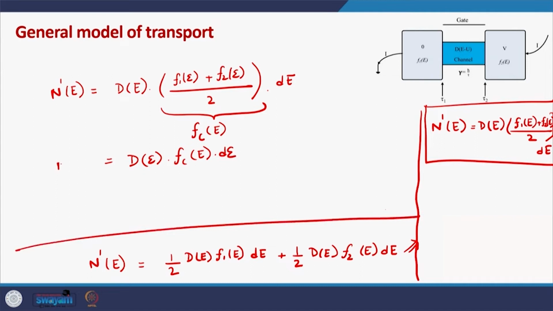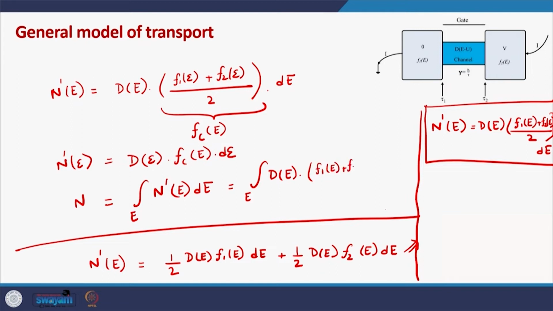So, the total number of electrons in the channel will be the integration of the number of electrons over all allowed energy ranges: the integral of dE times (F1(E) plus F2(E)) by 2 times dE.